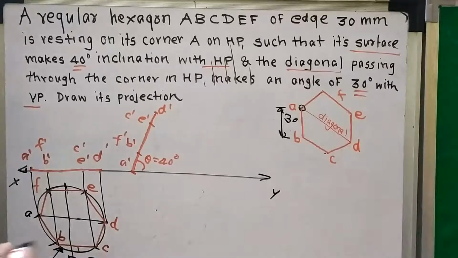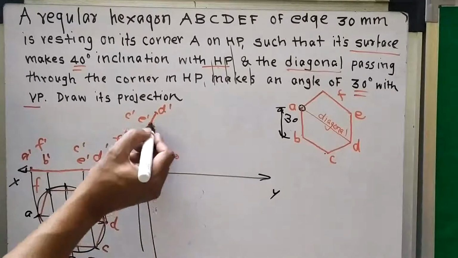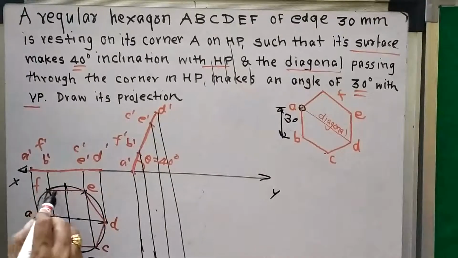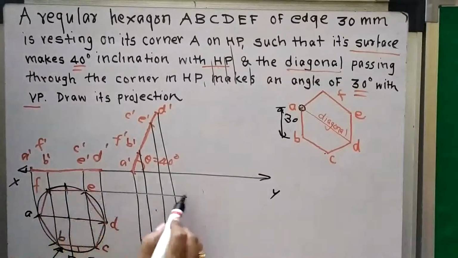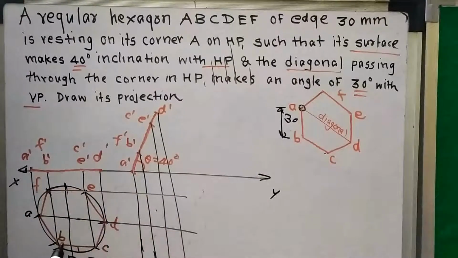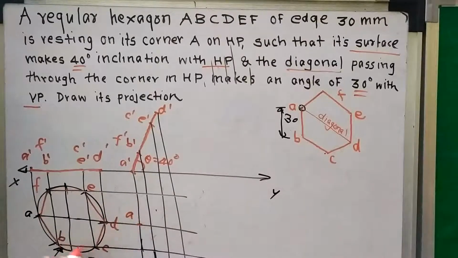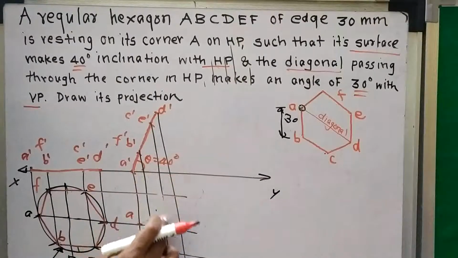Now I will project this. So from this I will draw vertical lines, that is perpendicular lines to XY directly, and then I will draw horizontal lines from this. So F and E, A and D, and B and C, and I will join these points. So A with A, so this is A point, B with B, so this is B point, then C with C, so this is the C projector.